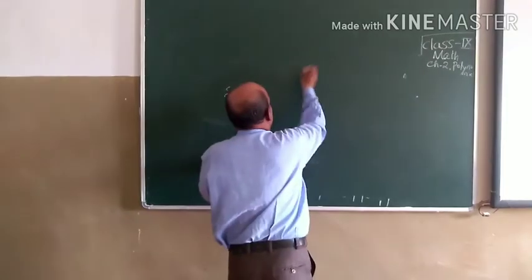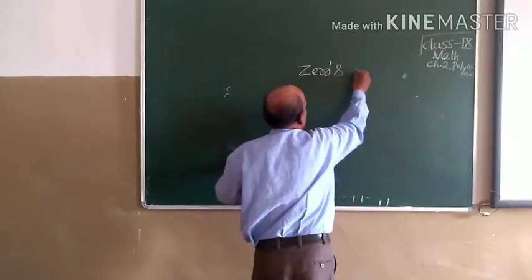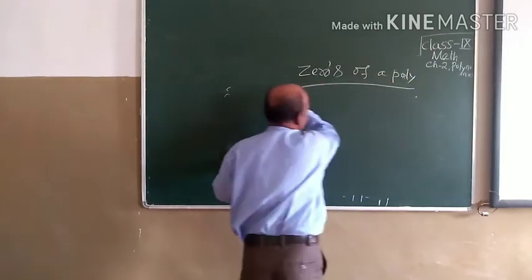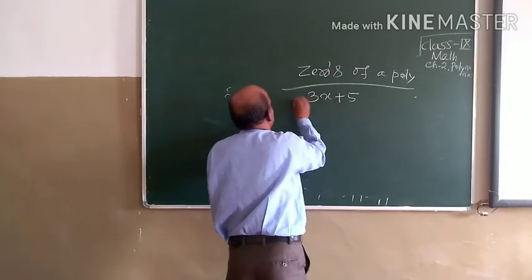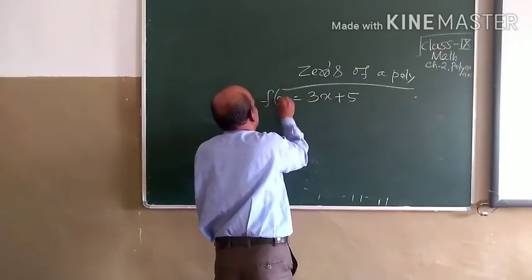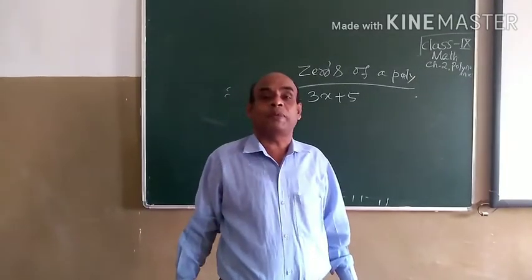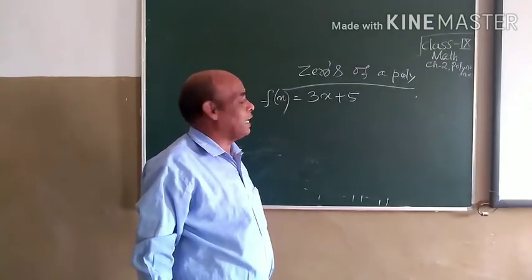The topic is zeros. Zeros means roots. Zeros of a polynomial. Suppose 3x plus 5 is equal to f(x). It means the polynomial is expressed in terms of x, f(x) is equal to 3x plus 5.